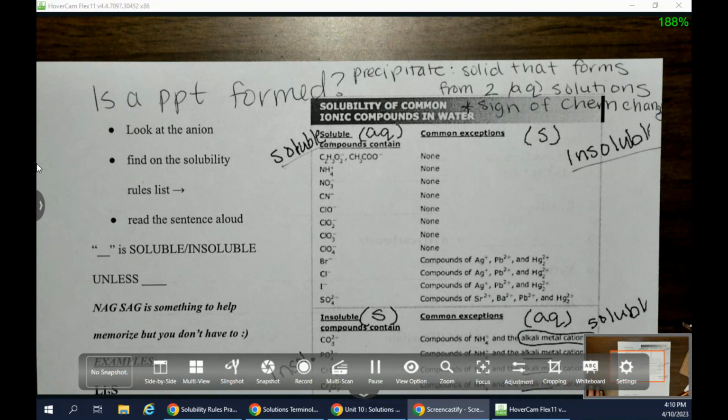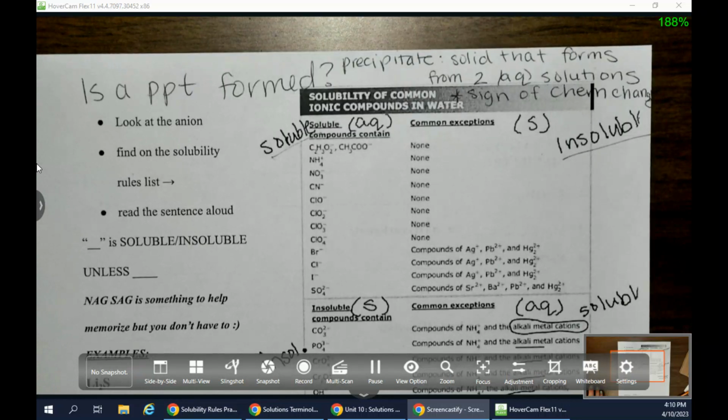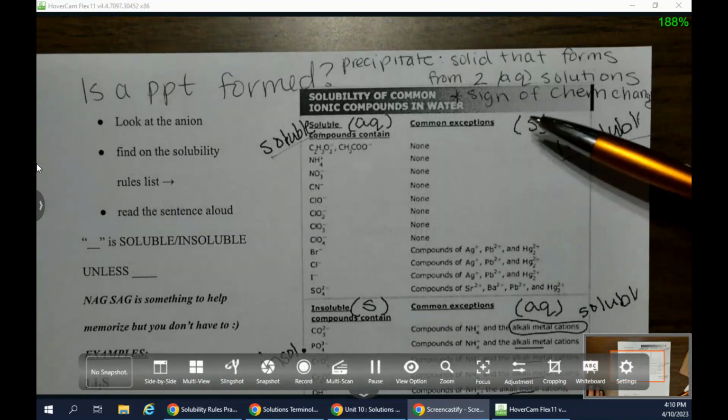How easily it's dissolvable. Yeah, it's dissolvable, right? That's the informal word there, all right? So soluble just means dissolvable. We also got to really use the word solute and solvent, but I'll focus a little bit more on that tomorrow. Let's just focus on the solubility rules for today, okay?